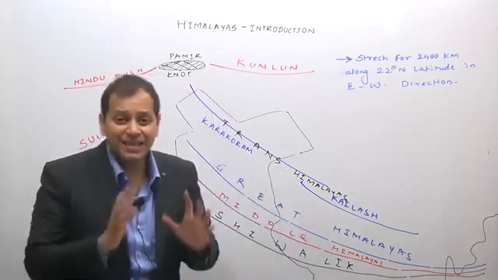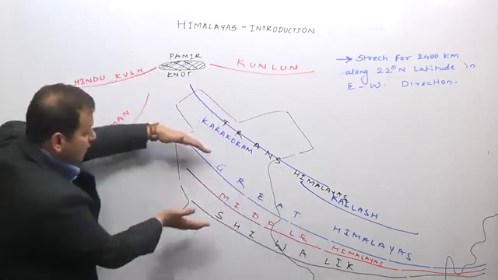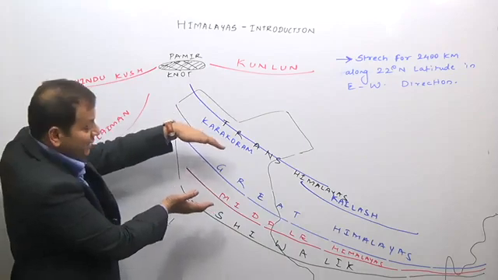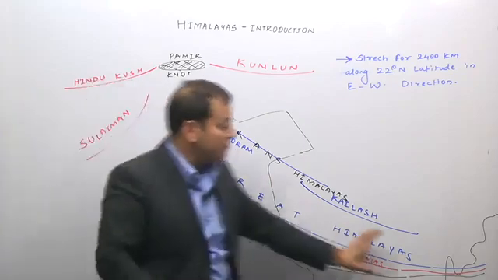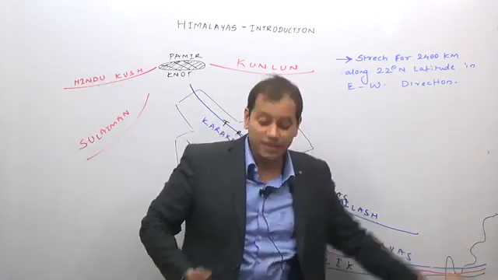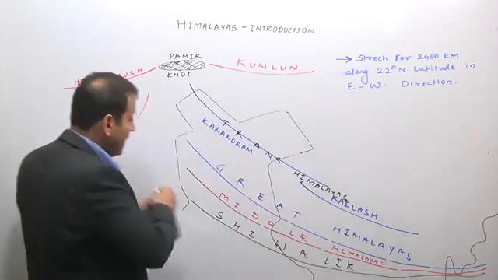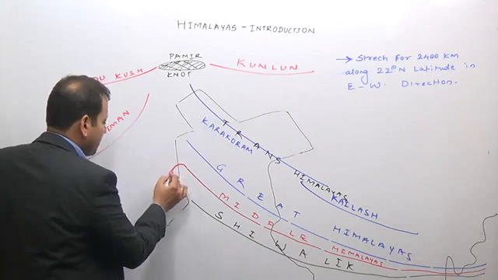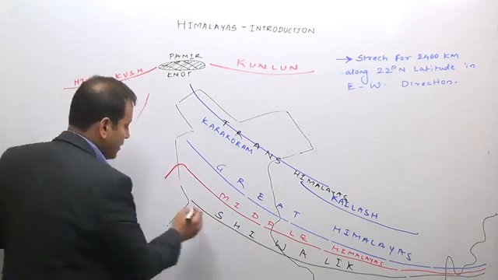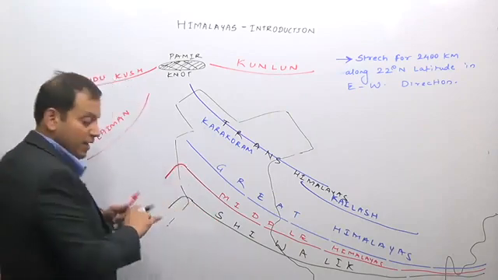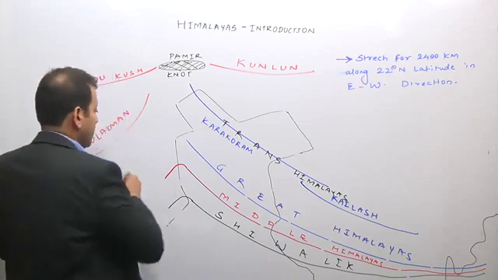Now you can see here from the diagram itself, the width of the Himalayas is greater in the western part, while the width of the Himalayas is lesser in the eastern part. Then we can also see that the Himalayas take a sudden hairpin bend and go downwards here.